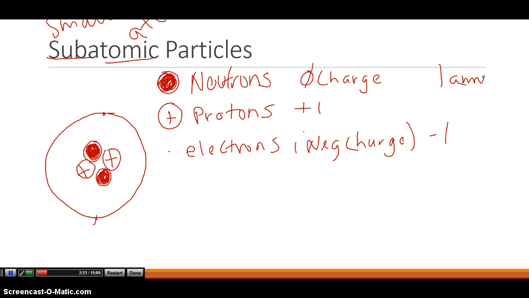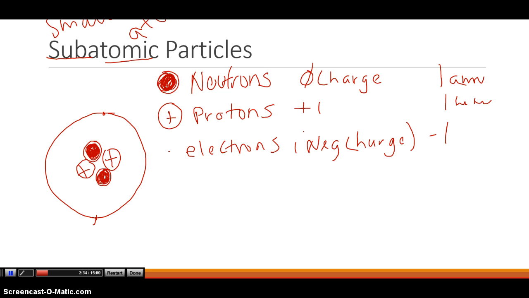The protons are also 1 AMU for a mass. And electrons, no mass. They don't have a mass.